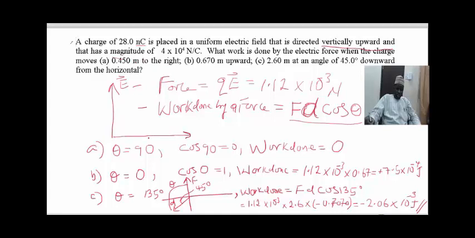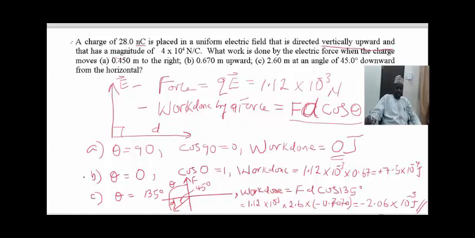Therefore the angle between our force and our displacement in this case is 90 degrees, and cos 90 is 0, therefore the work done is going to be 0, because we have 0 times the displacement times the force. Everything will be 0 joules. The electric force does no work.